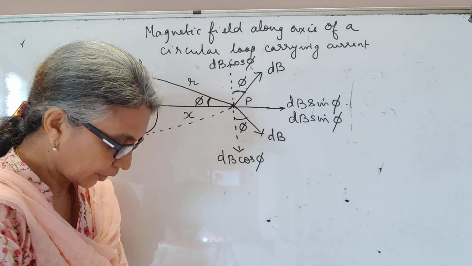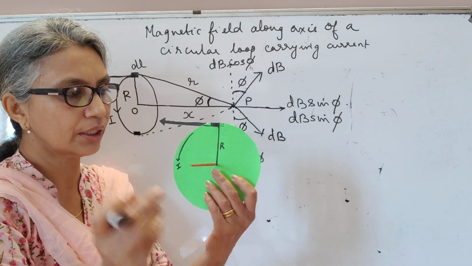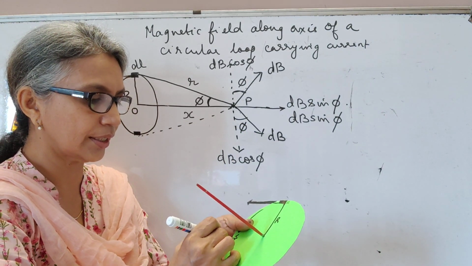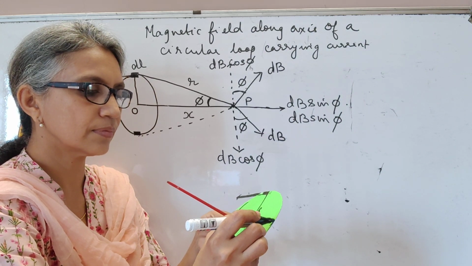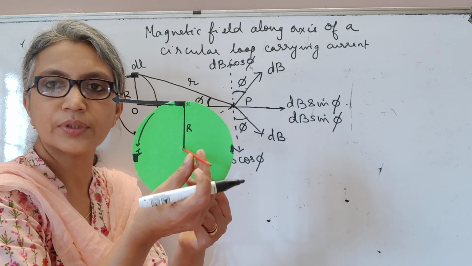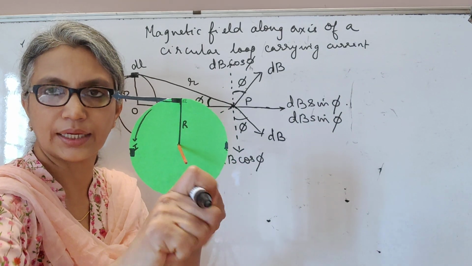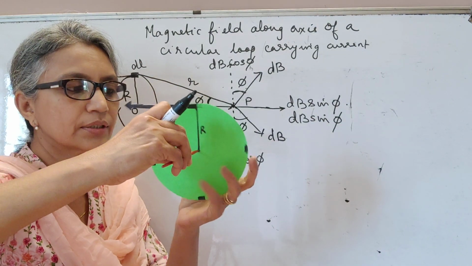So that means if you now take this loop, every element I told you, if you have a current element here and diametrically opposite elements, you will see that on the axis, all the dB sin phi's are along the axis, but all the dB cos phi's will be perpendicular to the axis, like this.